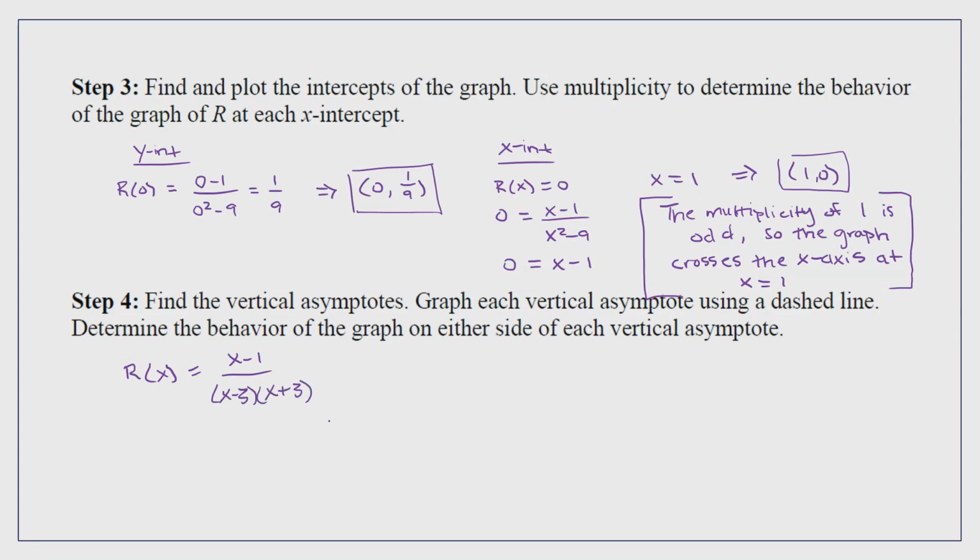If we set our denominator equal to 0, we get x equals 3 and x equals negative 3. These would both be our vertical asymptotes.